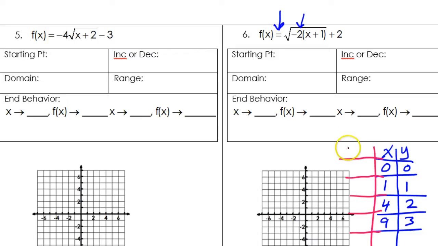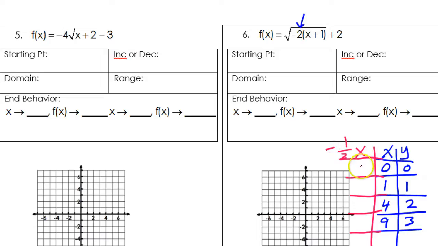Now let me ask you this. Am I going to do -2x the same way I usually do -2y? I will not do just -2, because a -2 in the front would be a vertical stretch by a factor of 2, but a -2 on the inside is a horizontal compression. So because it's a compression, I need to do 1/2 instead of 2, -1/2.